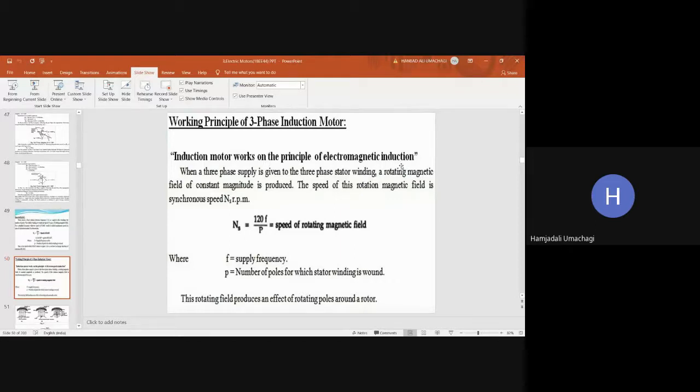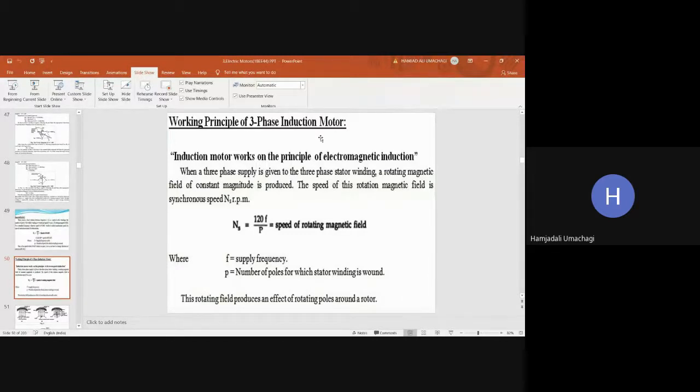Because of this, we call the induction motor a rotating transformer. Primary of the transformer is similar to the stator of the induction motor. Secondary winding of the transformer is similar to the rotor of the induction motor. The transformer is static, whereas the induction motor is a rotating machine.